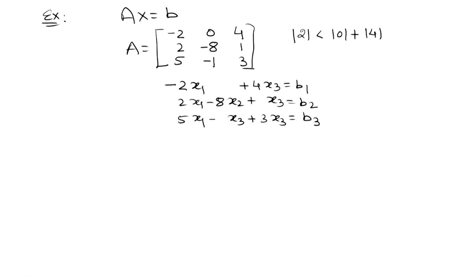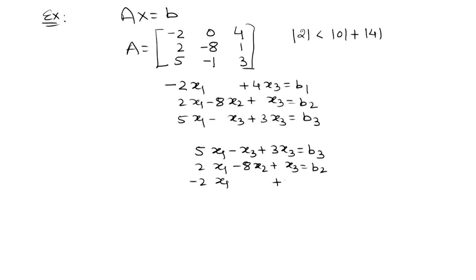Now, what do you do? You just interchange the first and third equations. If I interchange them, my system will become 5x1 minus x2 plus 3x3 equals b3. The second equation will remain like the earlier one, and the last one is minus 2x1 plus 4x3 equals b1.